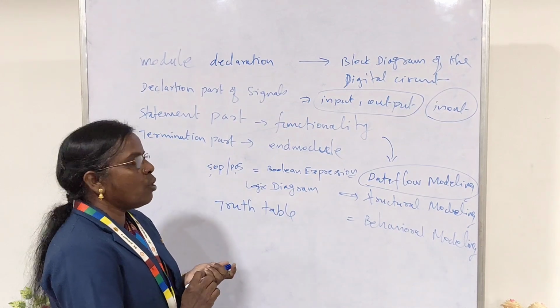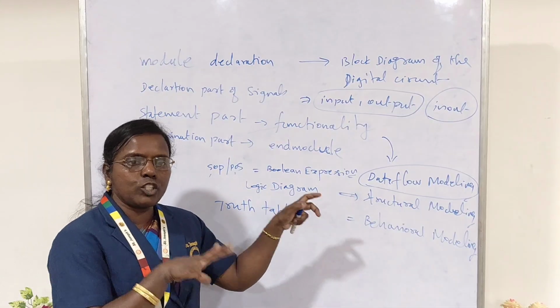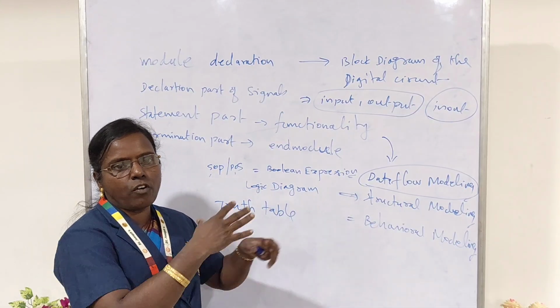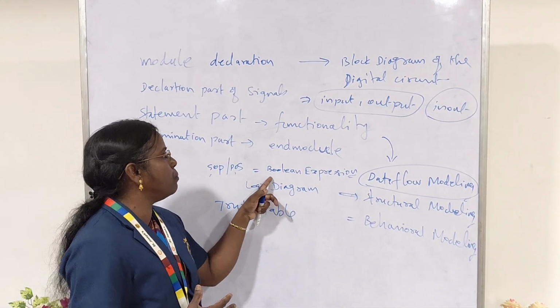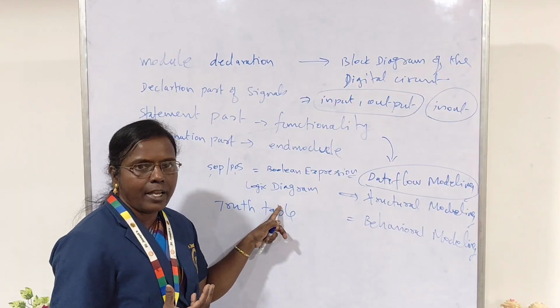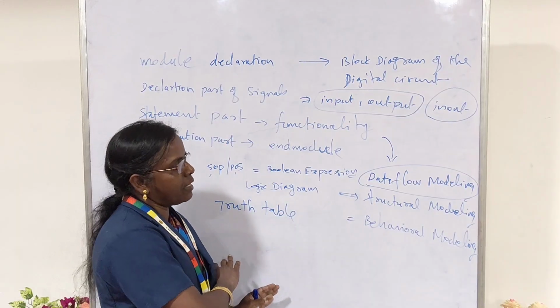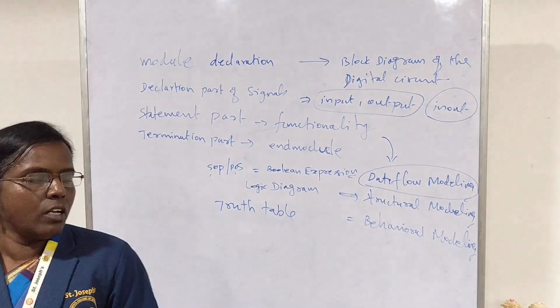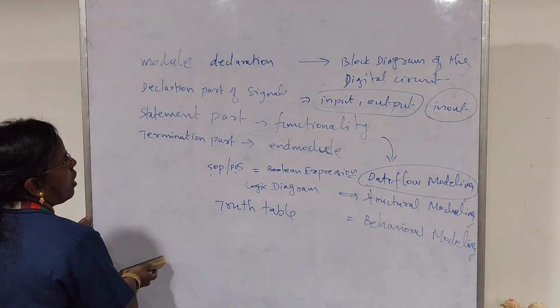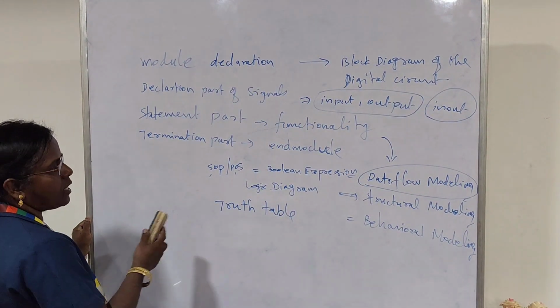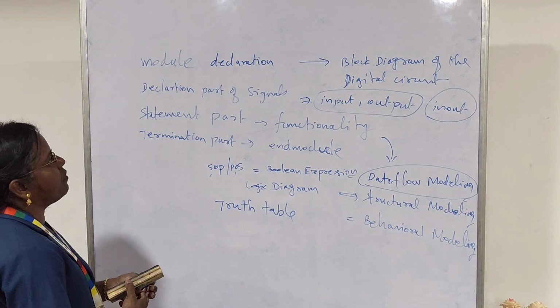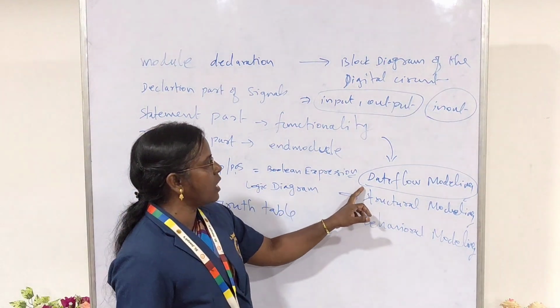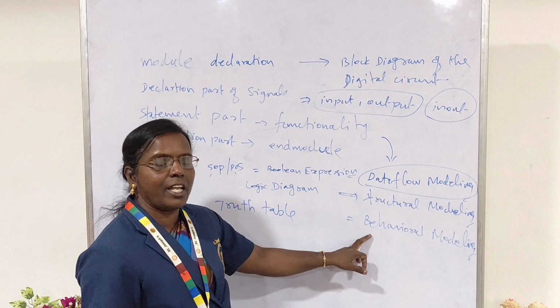So this is how we can relate the functionality of the logical circuit through three mechanisms: the Boolean expression, logic diagram, and truth table, which can be directly related to the corresponding modeling of the Verilog HDL. Then what is the specific statement we are going to use for data flow modeling, structural modeling and behavioral modeling?